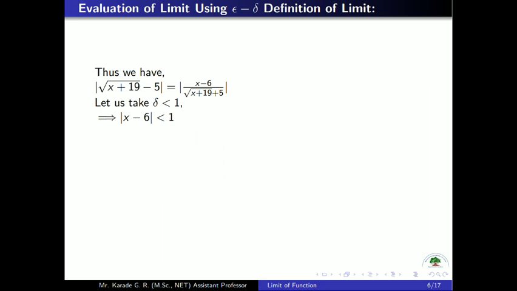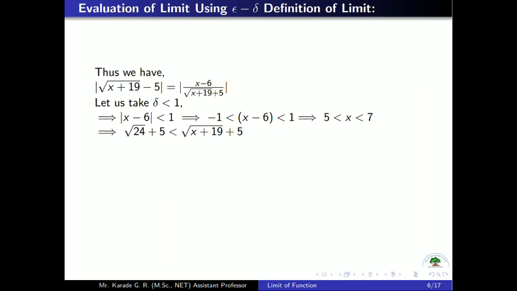This gives mod of x minus 6 is less than 1, so x minus 6 is greater than minus 1 and less than 1, and x is greater than 5 and less than 7.